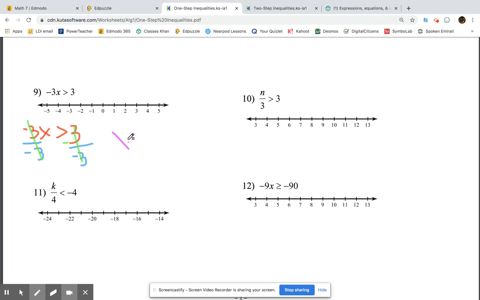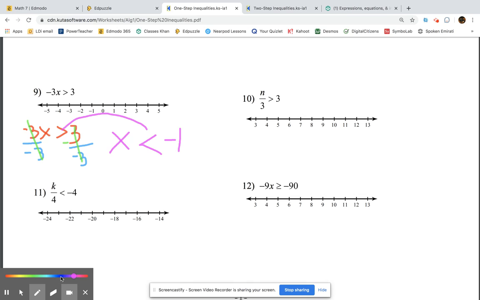We end up with 1x on that side, and we have negative 1 on the other side. But what direction is the inequality facing? Well, we divided by a negative. Anytime you divide by a negative or multiply by a negative, you flip it. So we're going to flip it around. So it's going to look like this. So x is less than negative 1, and that's what we're going to graph.